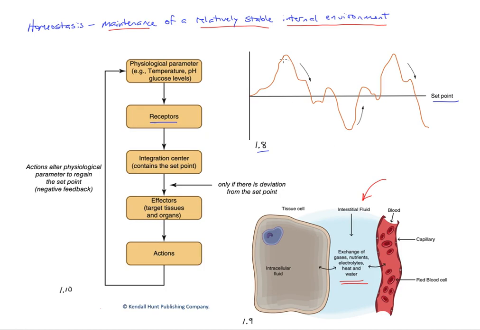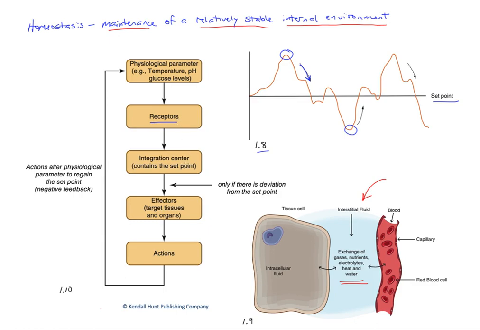Well, when we deviate too far from the set point, as we might up here or down here, we initiate a response to fix the deviation from the set point. These arrows would be the actions taken to return our particular parameter to the set point. And so our receptor would sense those particular parameters.